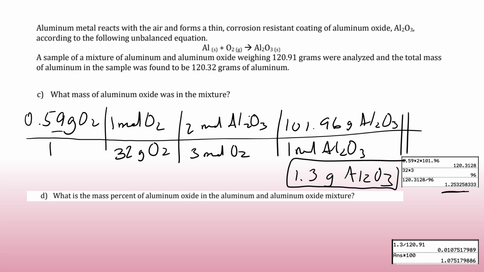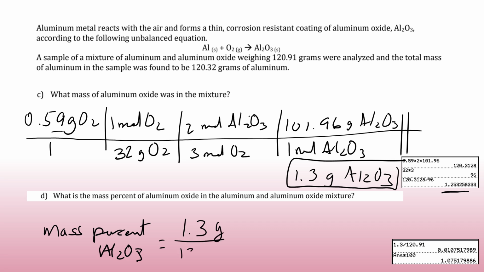What is the mass percent of aluminum oxide in the total mixture? So the mass percent, let's see. 1.3 grams divided by 120.91 grams times 100.